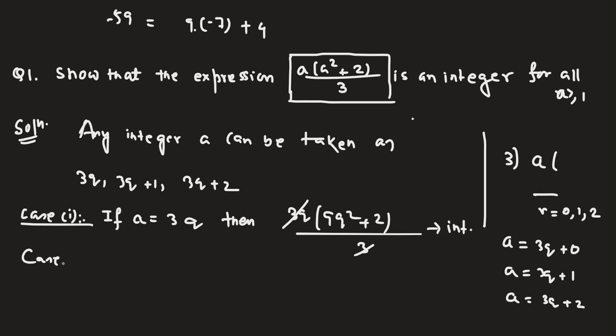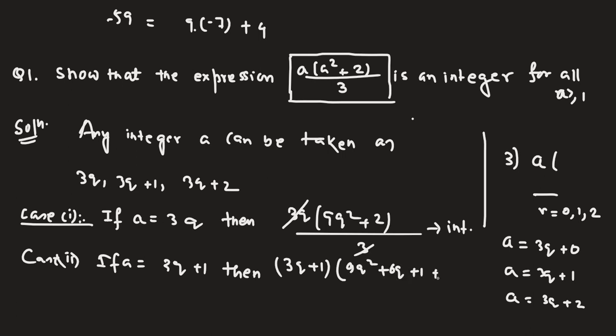Case 2, if a is equal to 3q plus 1, then in the place of a put 3q plus 1. Here you have 3q plus 1 whole square, 9q square plus 6q plus 1, plus 2, dividing by 3.